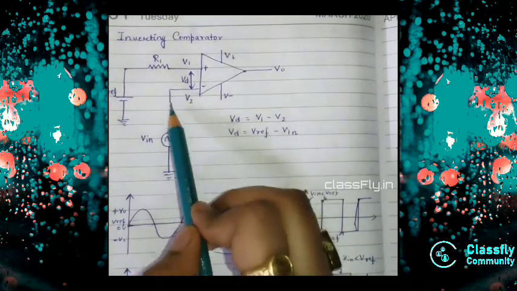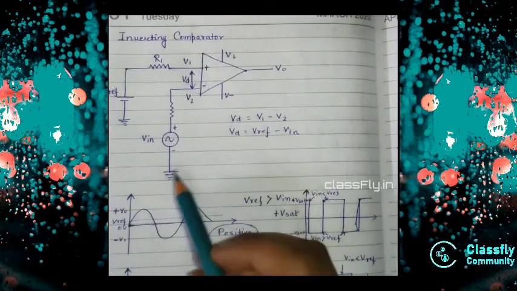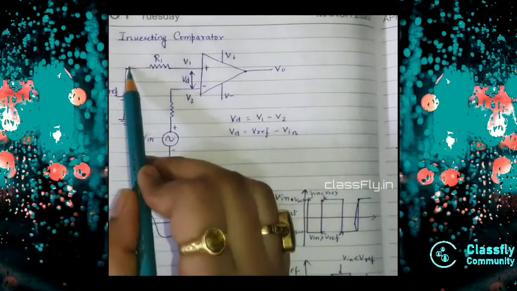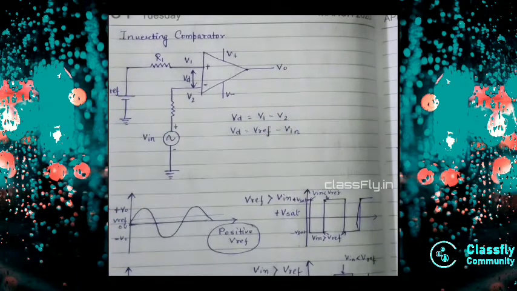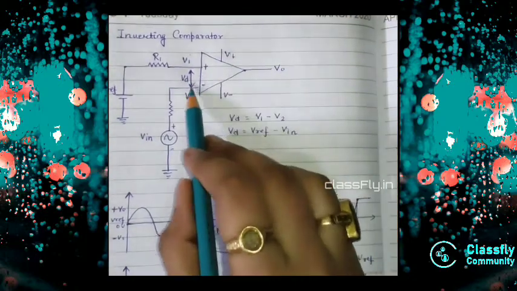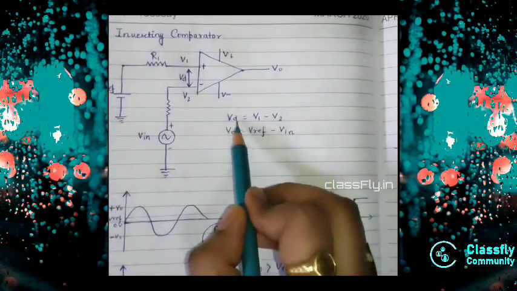Now we can see that the non-inverting terminal is denoted by V1, which is grounded also, and the inverting terminal is V2. The difference between these two voltages we can denote as Vd equal to V1 minus V2.